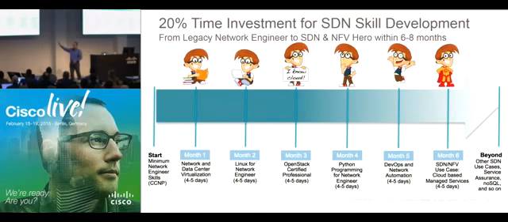The fourth month is Python programming. It's not necessary that every CCIE become a software developer. But what's important is that when you learn Python programming, you will learn how the software development lifecycle works. You will learn about APIs, how to consume the API provided by a controller, for example.